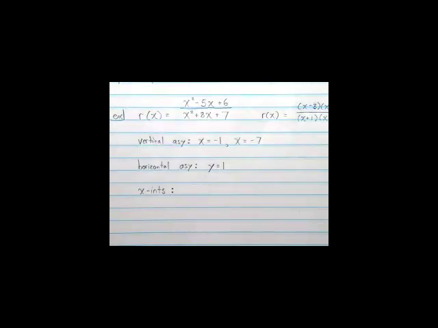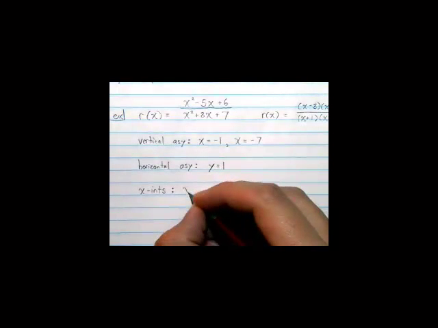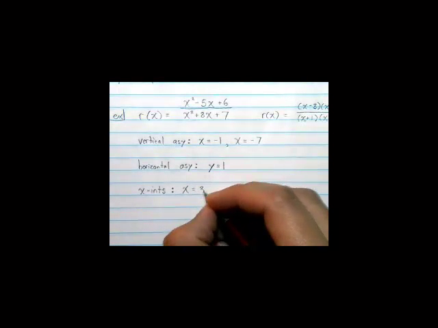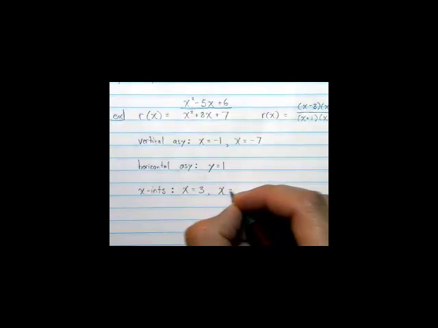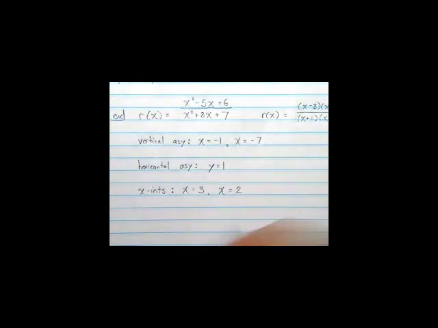Okay, numerator. Where's that equal to 0? 3 and 2. Yep. So do you see how the vertical asymptotes and the x-intercepts you can just read right off of this thing once it's factored? Okay. That's why we did that. So x equals 3, x equals 2.